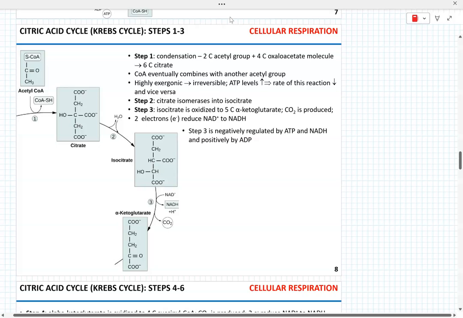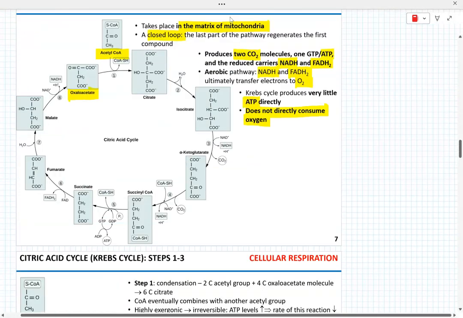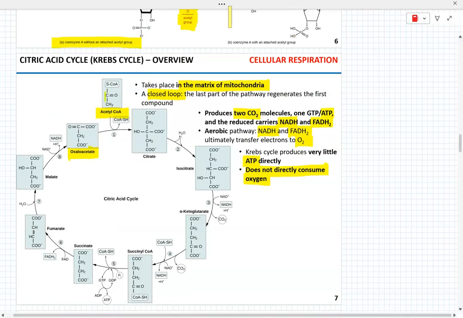The first 3 steps of Krebs cycle form citrate, isocitrate, and alpha-ketoglutarate. If we go back, you can see that acetyl-CoA, which contains 2 reactive carbon atoms in the form of an acetyl group, interacts with oxaloacetate, which contains 4 carbons.